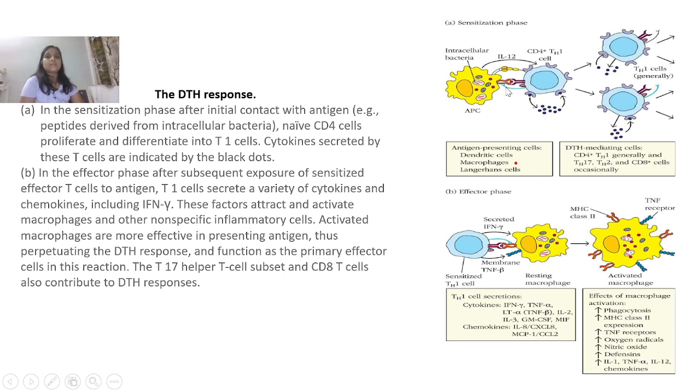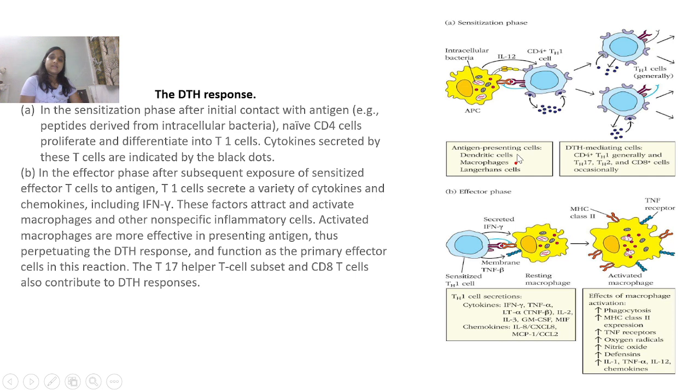And here what happens? This CD4 T cell is getting primed and it is getting differentiated into Th1 cells. Here you can see Th1 cells, so T helper cells, they are getting differentiated, and they are secreting different kinds of cytokines.